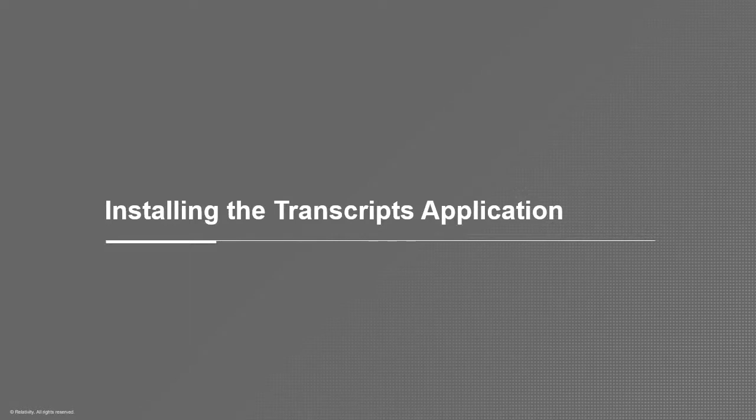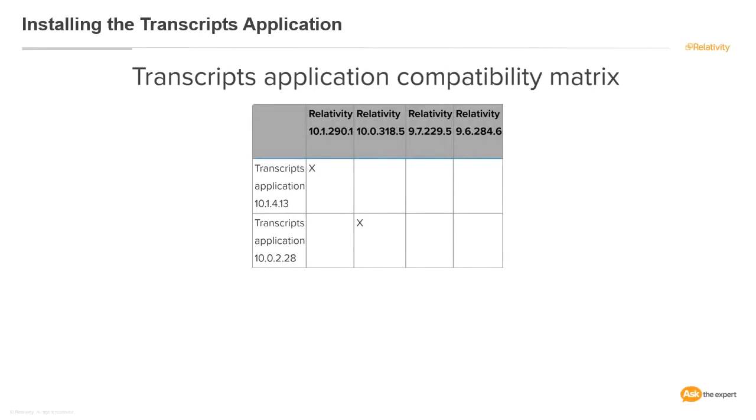Let's begin by discussing how to install the Transcripts application. First, we'll head over to our documentation site and check out the Transcripts compatibility matrix. The compatibility matrix will let us know which version of the application is compatible with our version of Relativity.